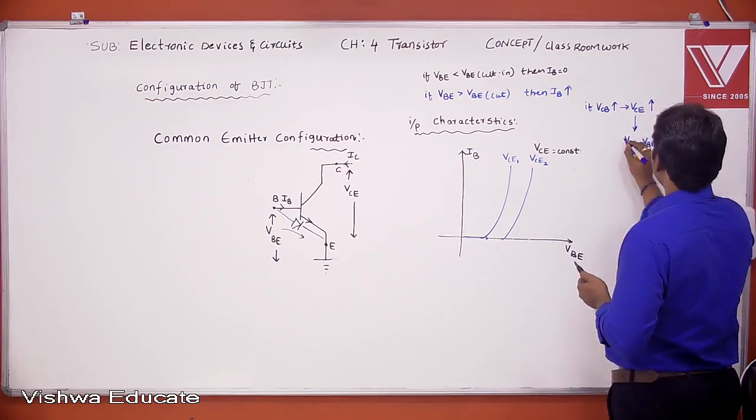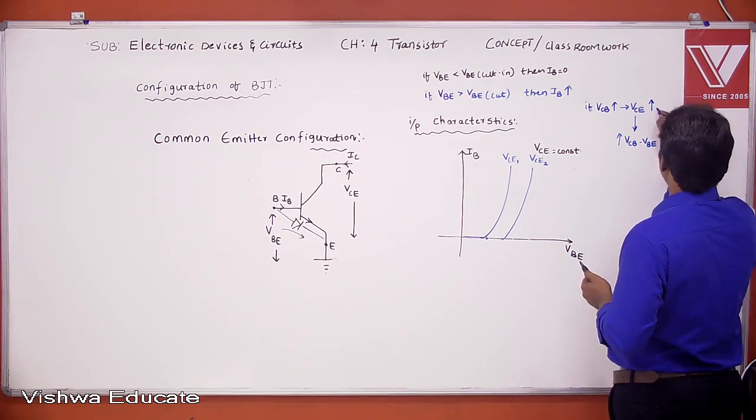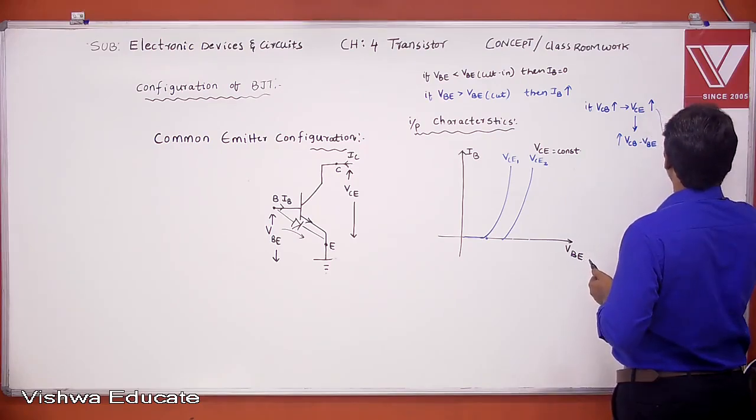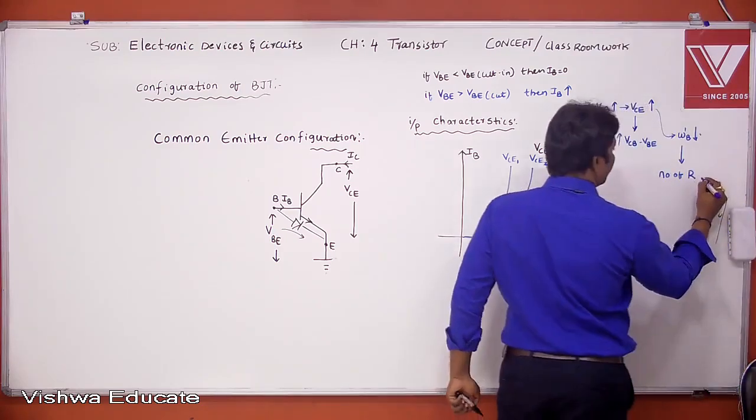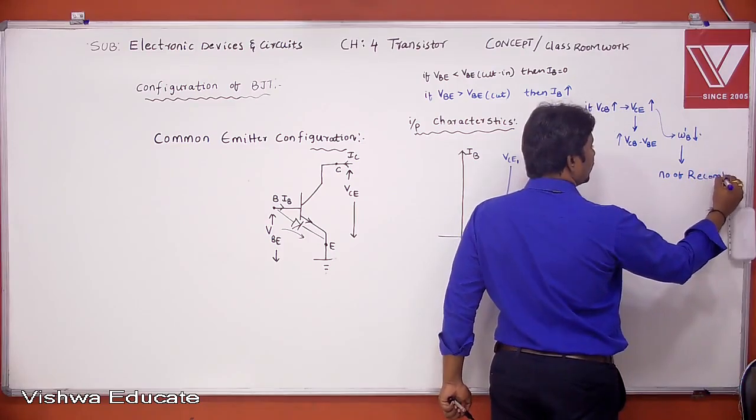If the VCB is increased, VC is increased. If the VC is increased, what happens to the effective base width? Effective base width decreases. If effective base width decreases, what happens to the number of recombinations within the base region?